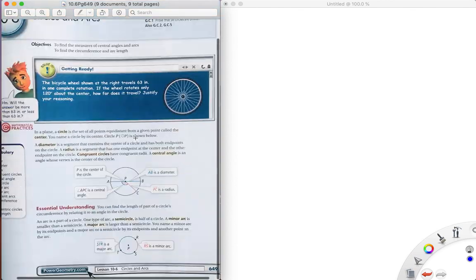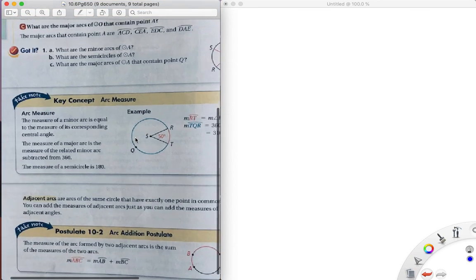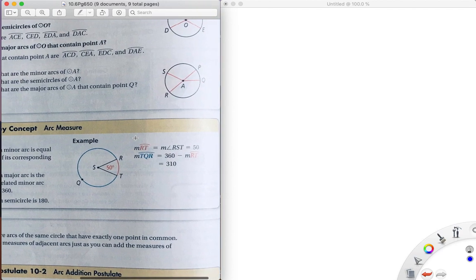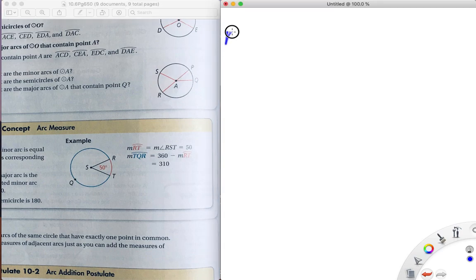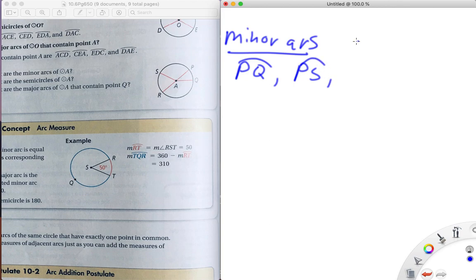Alright. Naming arcs. So we have this circle over here. They want to know what the minor arcs are in A. So if I have this circle here, we can say that the minor arcs are PQ, PS, SR, and RQ.